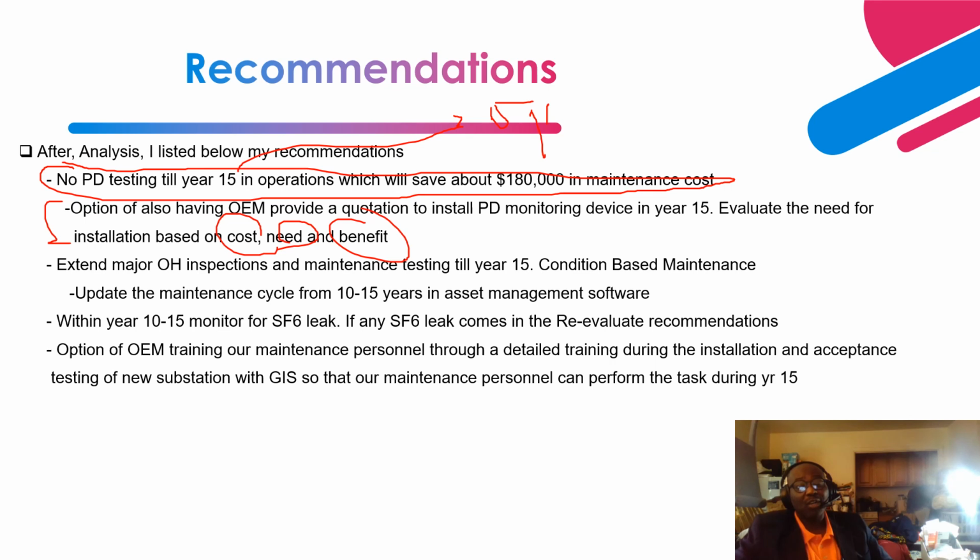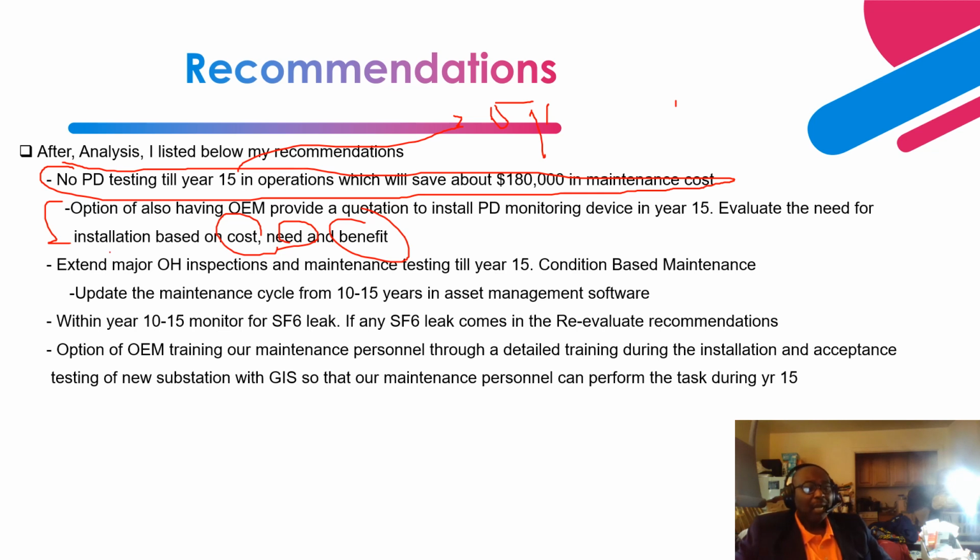Also, if you have a GIS located in a very polluted environment. One of the key data I have to obtain from the meteorological unit is the location of this GIS and the pollution around that area, because the pollution itself will be a key factor in performing PD testing on this GIS.